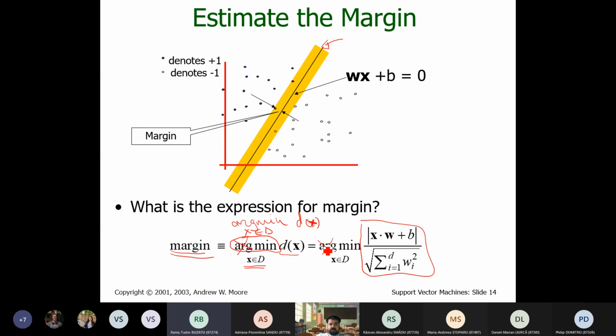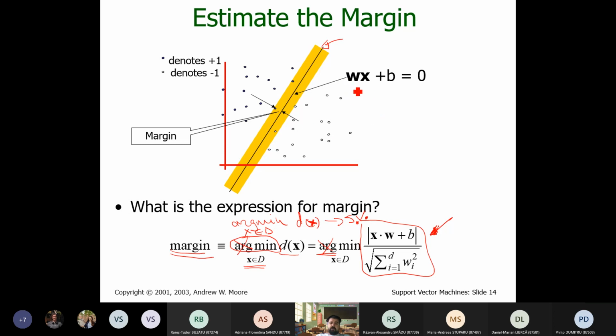So if we have argmin, then it will return us the support vectors, because argmin returns the position of the points that are the support vectors. And to obtain the margin, all we need is the minimum of this distance. And the minimum of this distance is this formula.